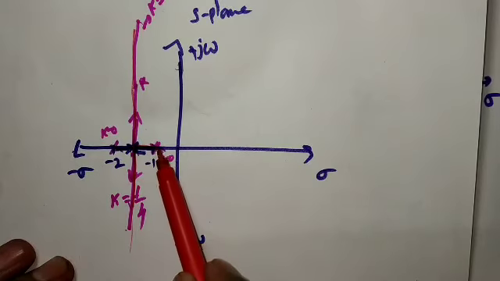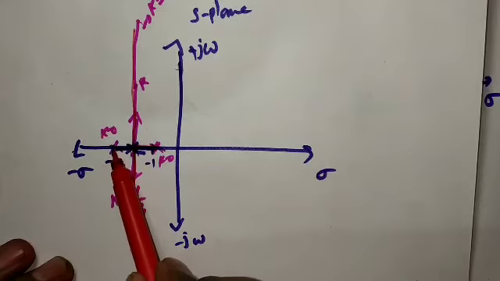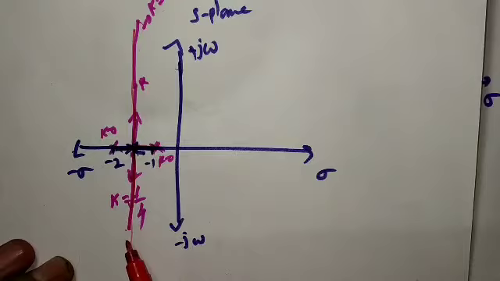So the number of poles is equal to the number of root locus branches. Here we plot the root locus with respect to k, which varies from 0 to infinity.